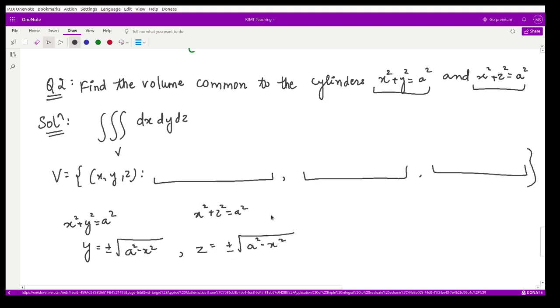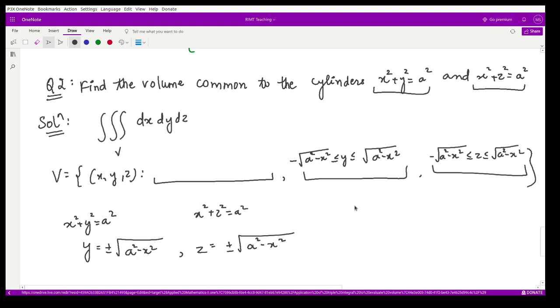Okay, so that means we clearly have the limits of y, which are from minus square root of a square minus x square to plus square root of a square minus x square, and the limits of z, they are also from minus of this quantity to plus of this quantity, square root of a square minus x square.